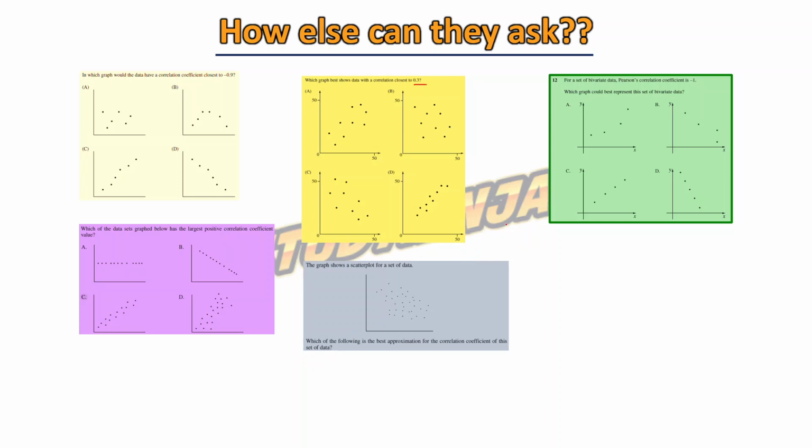Either way, you know the properties. Remember, positive means upwards, negative means downwards. If the number is closest to 1, the points are very, very knitted together. It's the same case if it's closest to -1, the points are knitted together in a different direction.